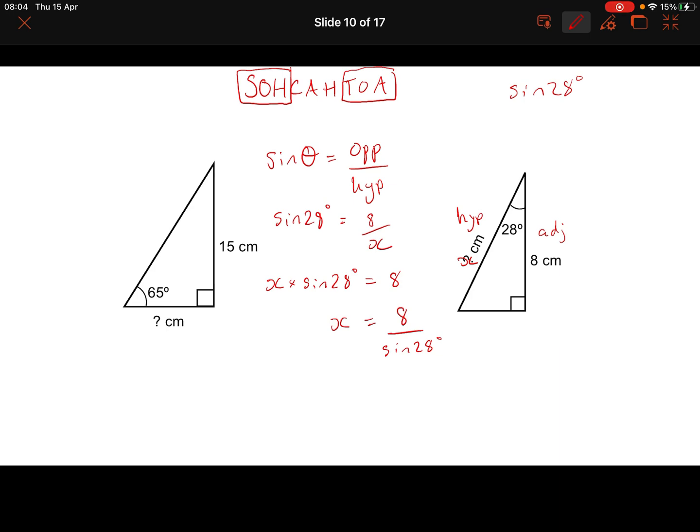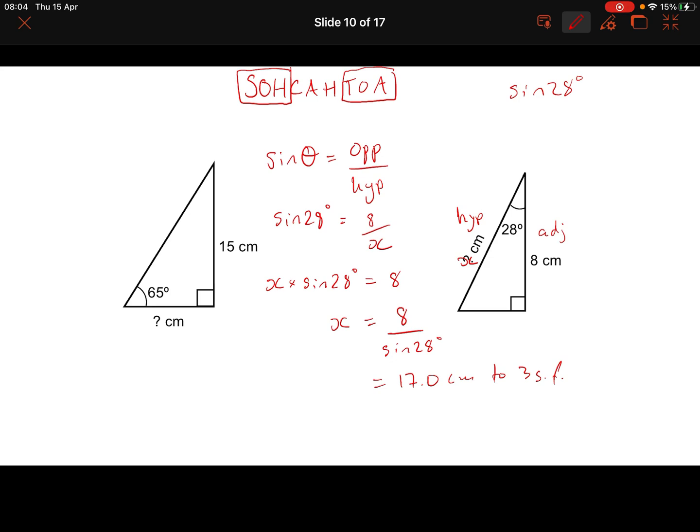It's saying what is the correct ratio to use for opposite to hypotenuse for a 28 degree angle. And so again, I'll put that into my calculator. 8 divided by sine 28. And that is equal to 17.0 centimetres to 3 significant figures.